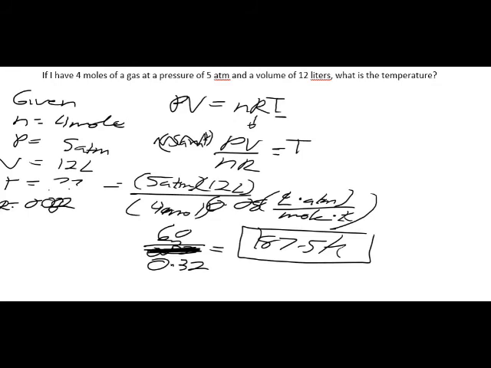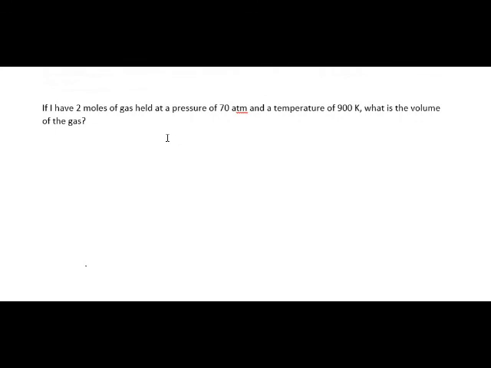Okay, let's try another one. If I have two moles of gas held at a pressure of 70 atm and a temperature of 90 Kelvin, what is the volume of the gas? So let us set up the equation. We know R is a constant, 0.082 liter atm over K mole.